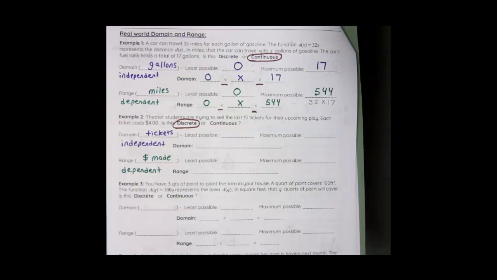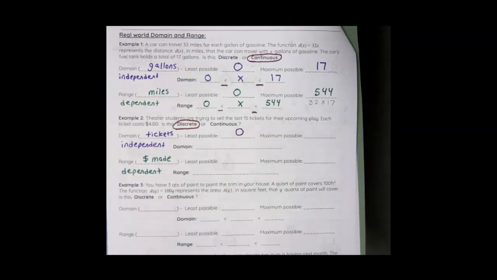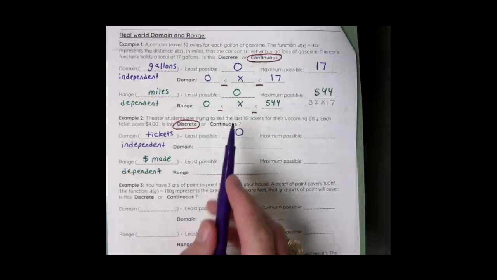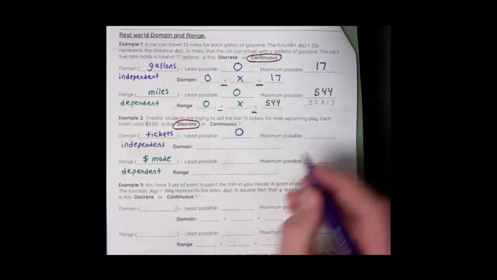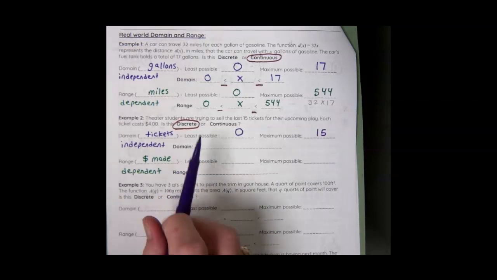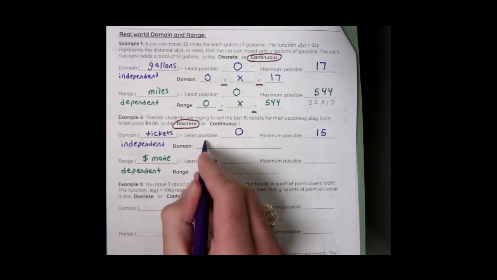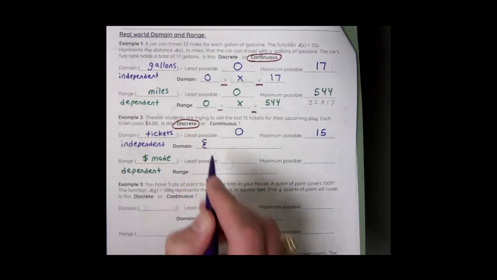The least possible number of tickets that I can sell, well, I could sell 0. I could do a really bad job and sell 0. The most number I could sell, well, there's 15 left that I have to sell, so I could sell 15. Now, when we write our domain, notice that it looks different than up here because this is discrete data. So when we're writing discrete domain and range, we use the squiggly brackets.